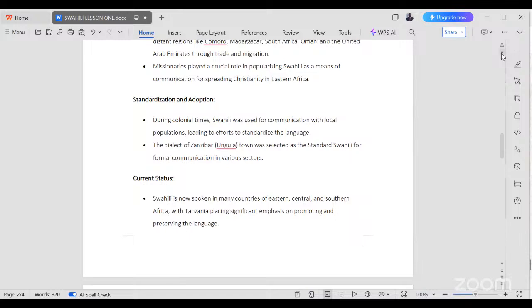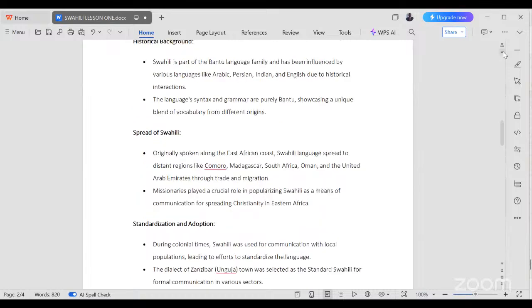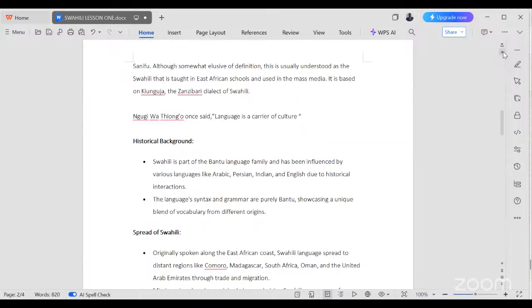And that standard Swahili is Kiunguja, which originates from a place called Unguja in Zanzibar. We have also mentioned that there's a spread of Swahili in various parts of the continent, from Comoros, Madagascar, South Africa, Oman, and other parts practicing Swahili. I've also mentioned that Swahili is purely Bantu in syntax and grammar, but also has influence from Arabic, Persian, Indian, and English languages as well.